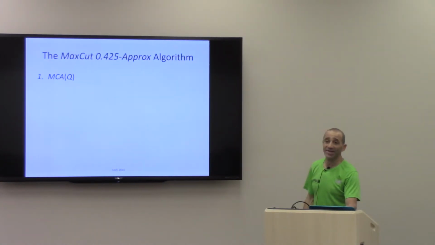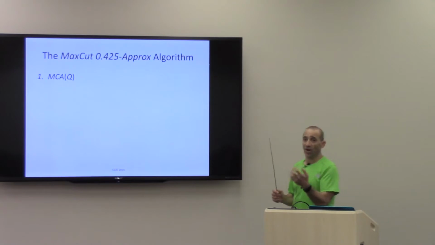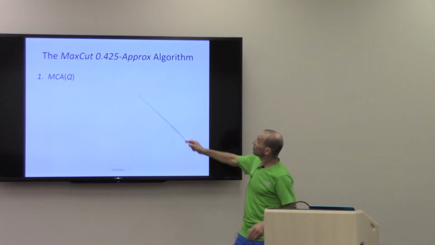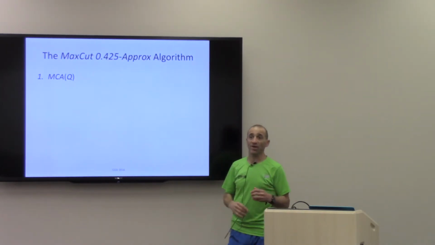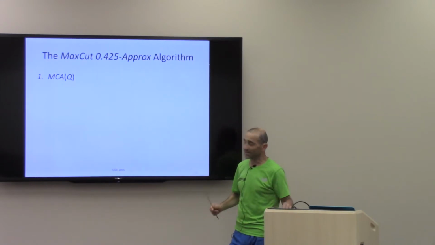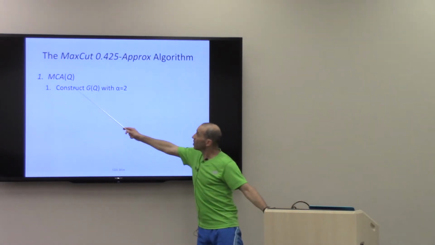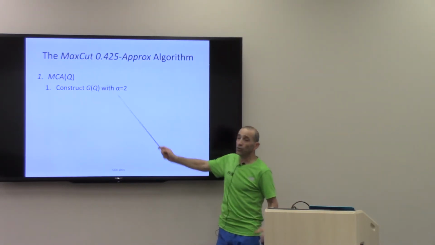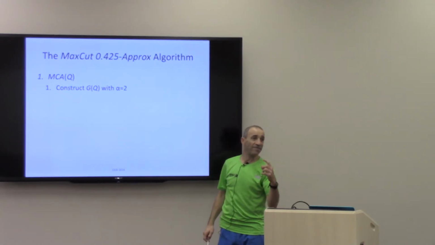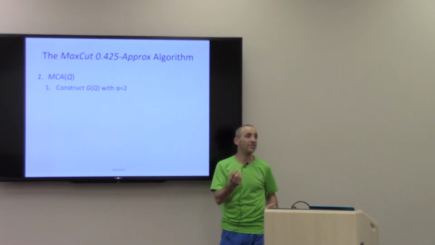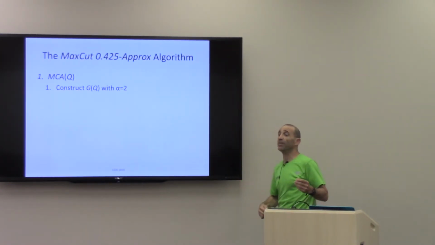So I jump here. How exactly do we get our approximation ratio? Very naively, but everything here is in the analysis. We get a bunch of quartets Q. We construct G of Q, and alpha, you remember, minus alpha is the weight of the negative, the bad edges.